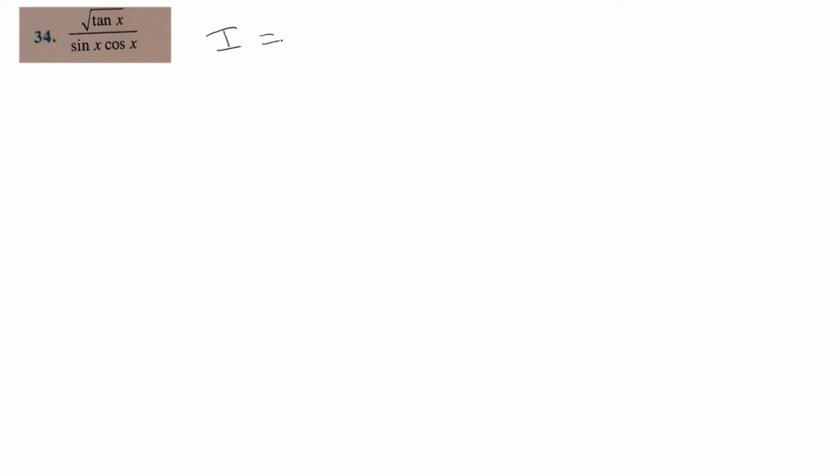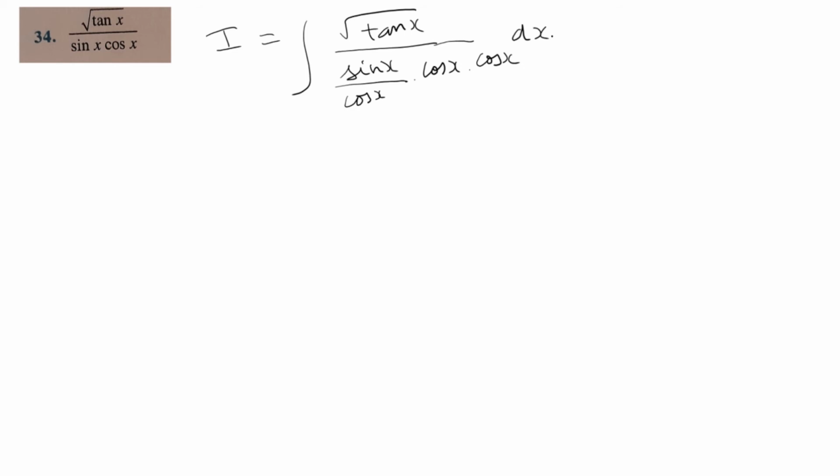So I am writing this as I is equal to integral square root of tan x divided by, I am multiplying and dividing by cos x in the denominator, divided by sin x by cos x into cos x and the cos x which is already there, dx.